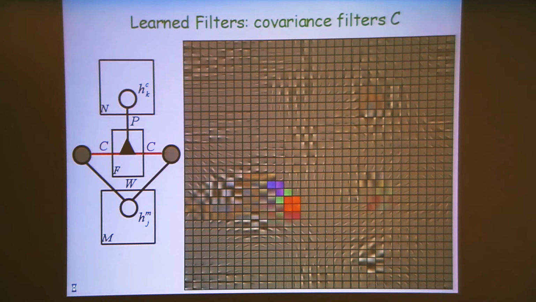If we look at the covariance filters, the filter bank that is here connecting the pixels to the factors, again you get gabors. And now I initialize the matrix P to induce a 2D topography. Basically, I initialize matrix P as a banded matrix, so that each latent variable is connected to a small neighborhood of filters in this map here.